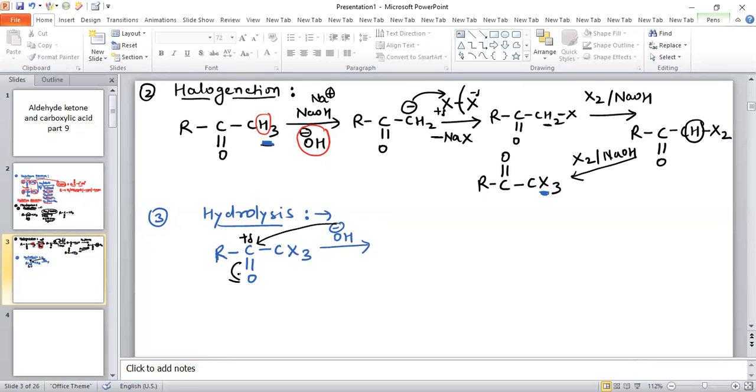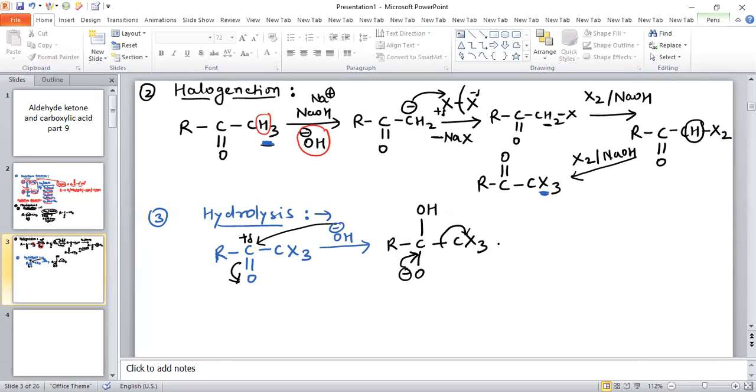At the same time, this pi bond will break. So this will convert into R, C, O negative, and OH attacks on this, and this is the CX3. Now what happens? Now this negative charge will shift between carbon and oxygen, and the leaving group will be removed. So this leaving group CX3 will be removed.